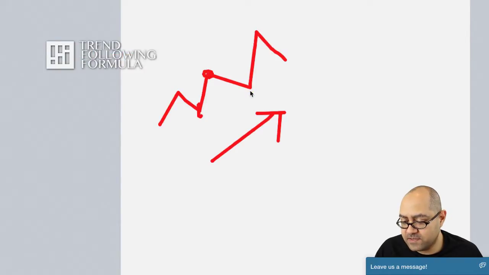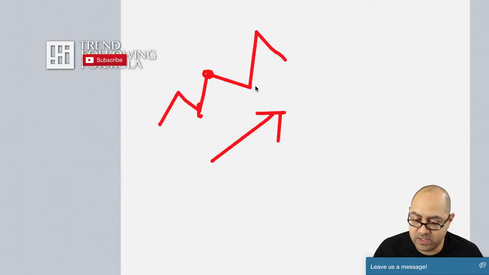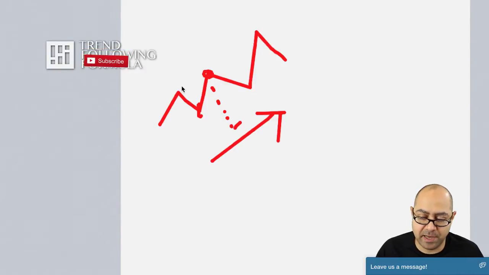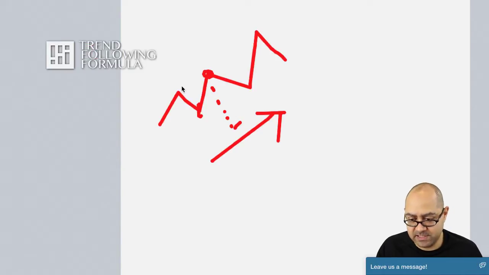What comes after this should be a higher low. Whatever reversal comes here in the market, that's going to be a higher low. If the market goes below that previous low, we will have a higher high and a lower low. Now we are not in an uptrend, we are in a potential trend reversal, so we cannot say that this is an uptrend. So in an uptrend, we need to look for a correction.